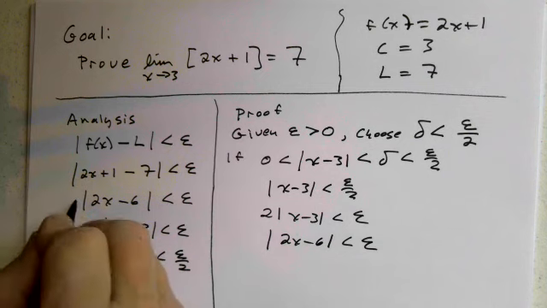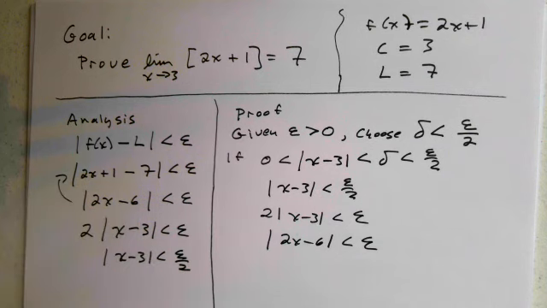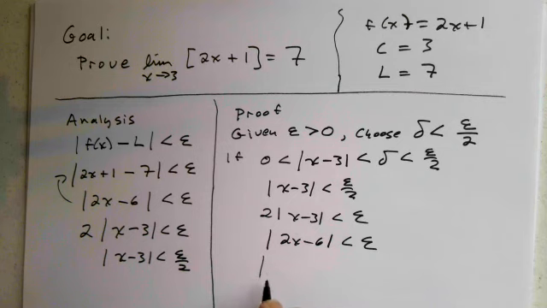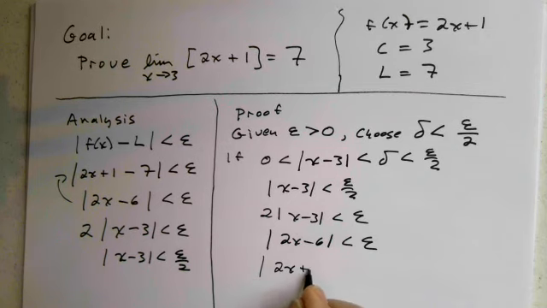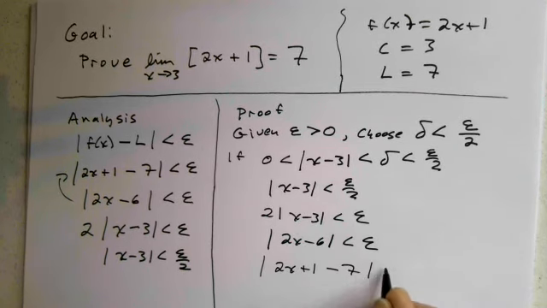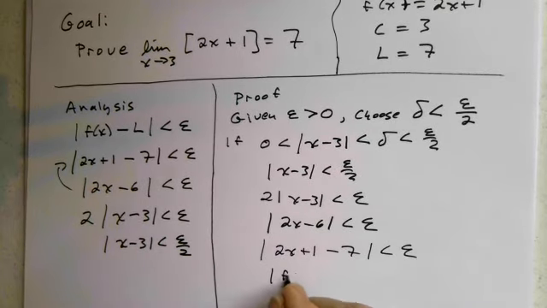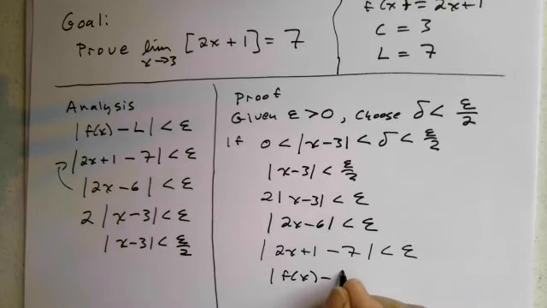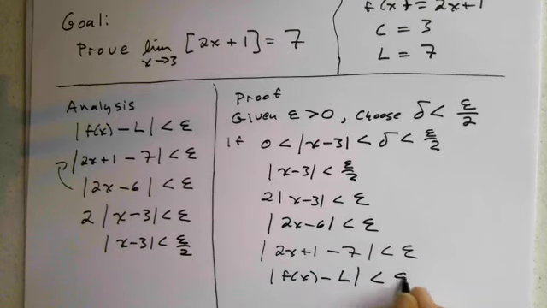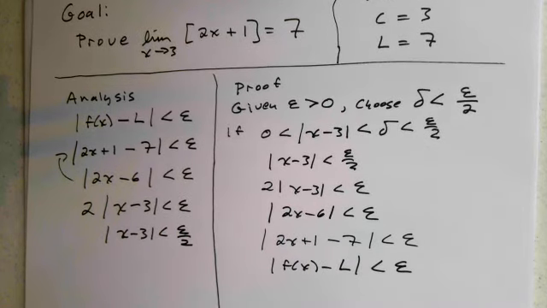This is the tricky part if you hadn't done the analysis, but it's trivial if you had done the analysis. So absolute 2x plus 1 minus 7 is less than epsilon. Which gives me what? Which gives me absolute f of x minus L is less than epsilon, and this completes the proof. That was our goal.